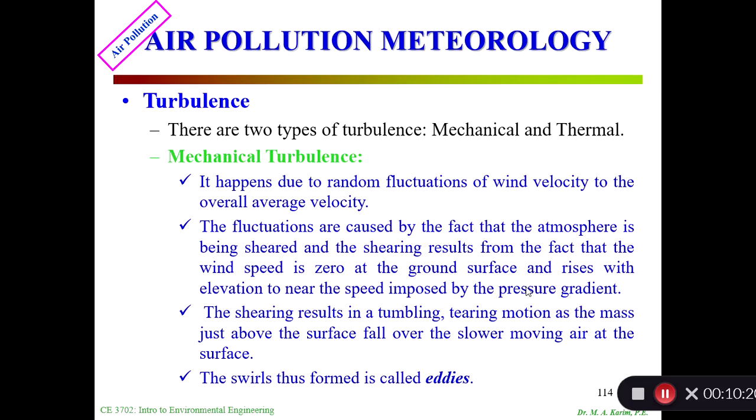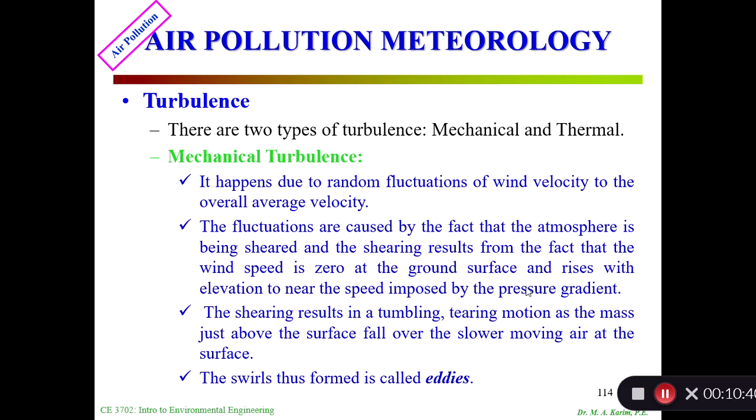Turbulence: there are two types, mechanical and thermal. Mechanical turbulence happens due to random fluctuations of wind velocity around the overall average velocity. The fluctuations are caused by the atmosphere being sheared, and the shearing results from the fact that the wind speed is zero at the ground surface and rises with elevation.